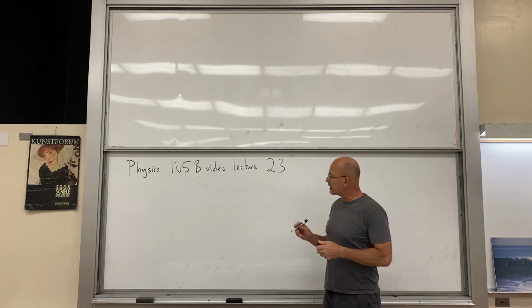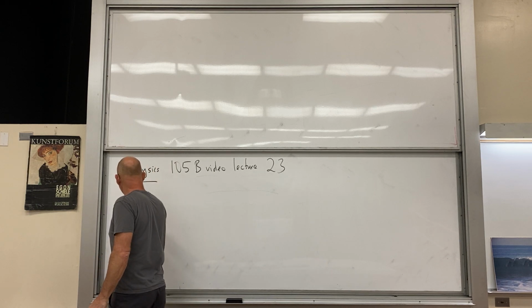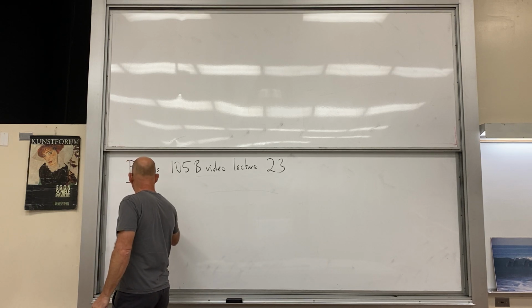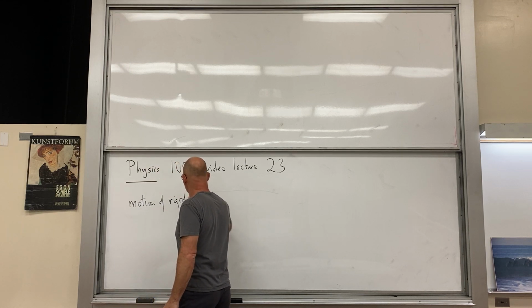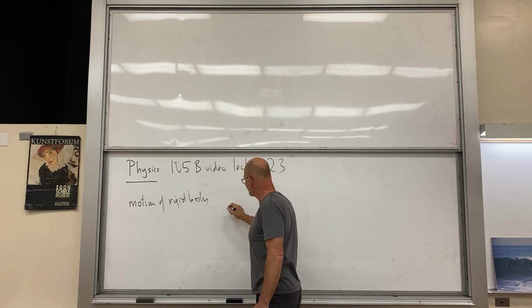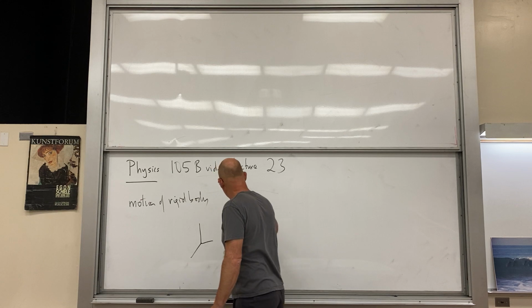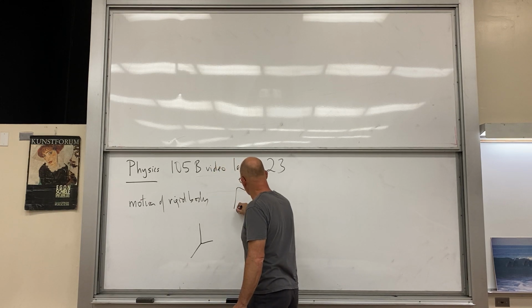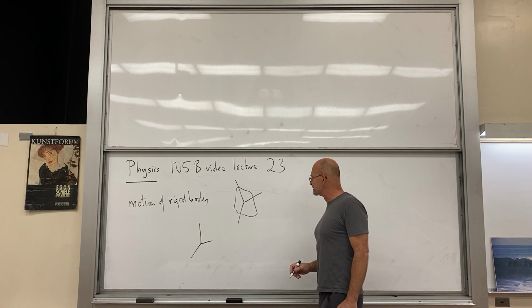So let's review briefly. The motion of the rigid body: we began this time by having a lab frame and some rigid body that has its own system of body axes.